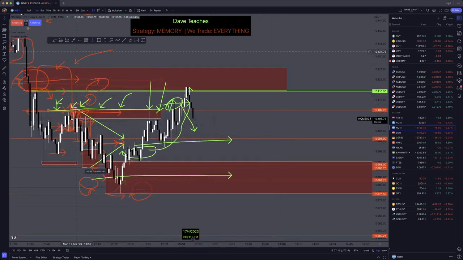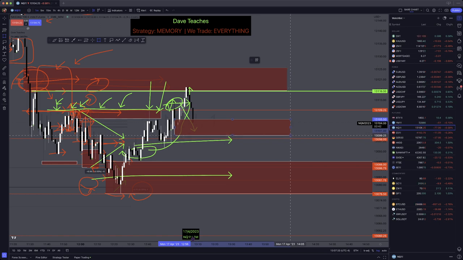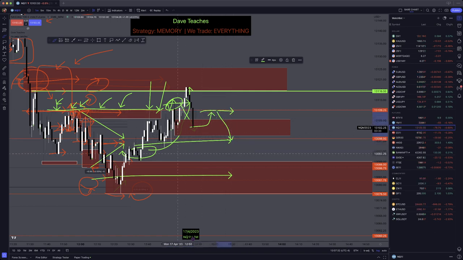Look, nice little down candle in here, sweeping a low from it, right above it. So let's see if that gives us our reaction back into this, hitting S&D up above and then back down. At least here, back into here, back down in there. But it looks like it's coming for this low right here.